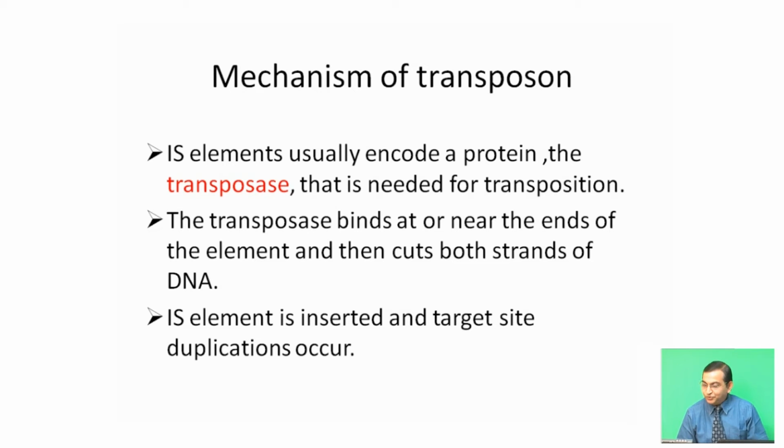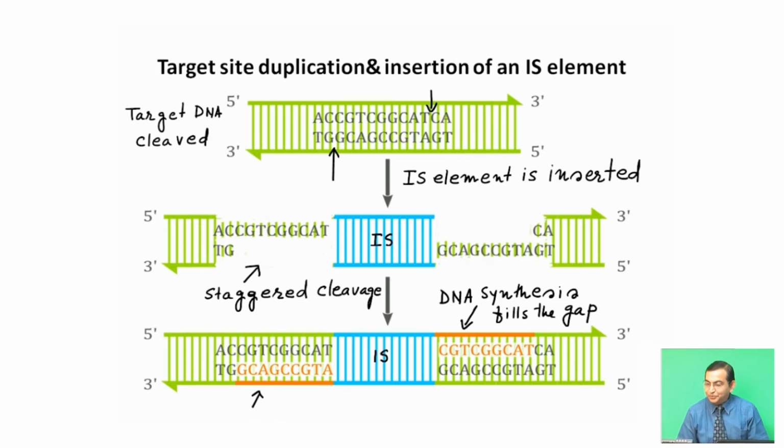The transposase binds at or near the ends of the element and then cuts both strands of DNA. The IS element is inserted and target site duplication occurs. In this figure we have described how insertion occurs and the mechanism of transposition.